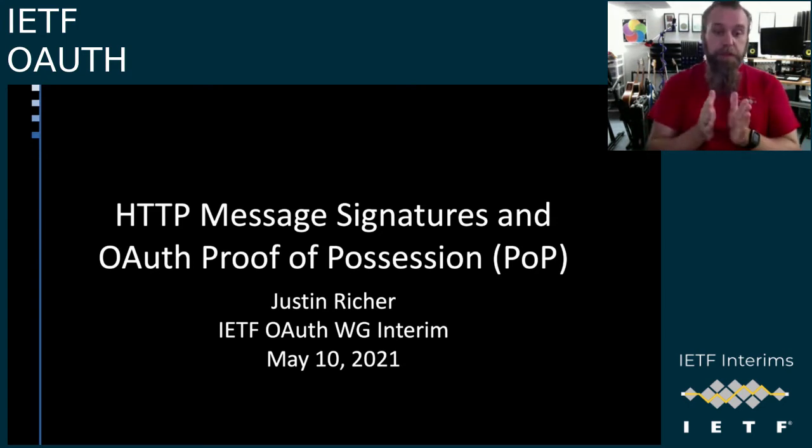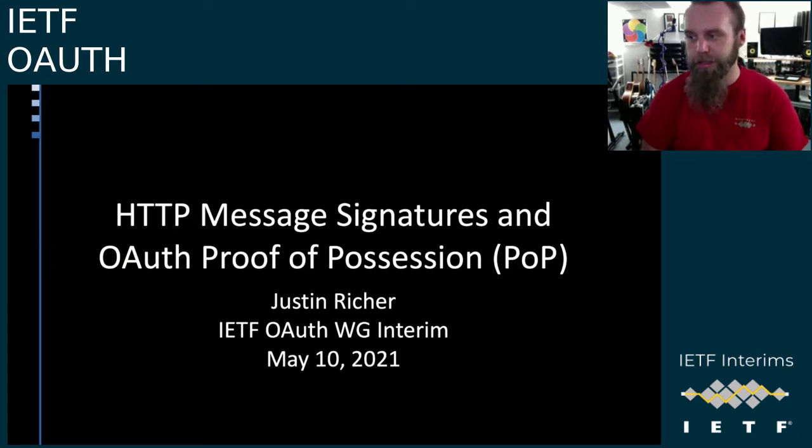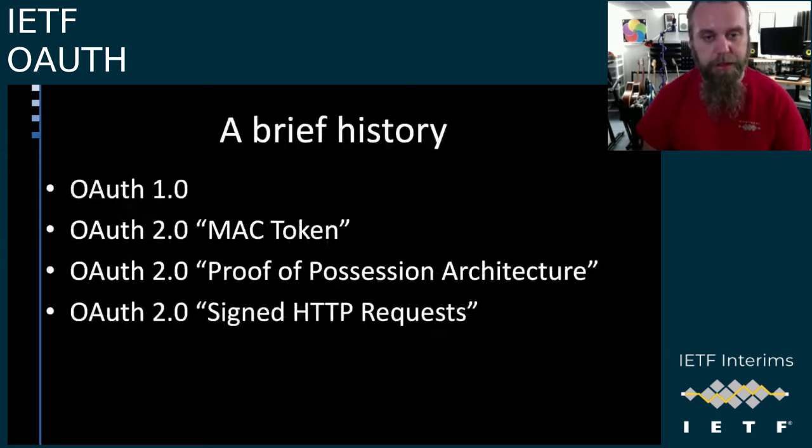Okay. So, hi everybody. Today I am digging up an old topic, and that is HTTP message signatures and how we can use them with OAuth 2, because since we started looking at this a long time ago, a few things have changed.